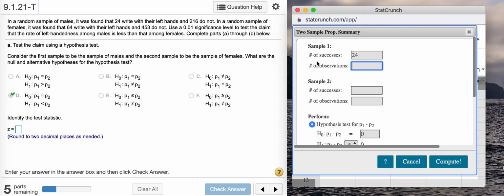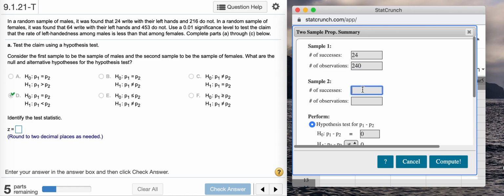Well, this is a little tricky because I've got 24 that write left-handed and the others do not. So the total number sampled, if I add those two numbers together, is 240. So 216 plus 24 is 240.